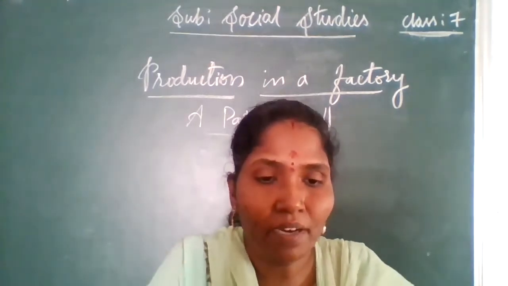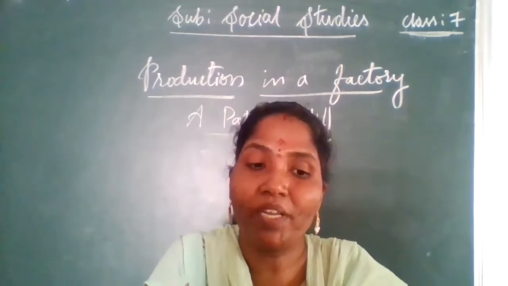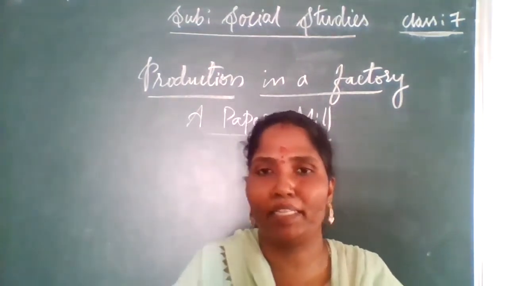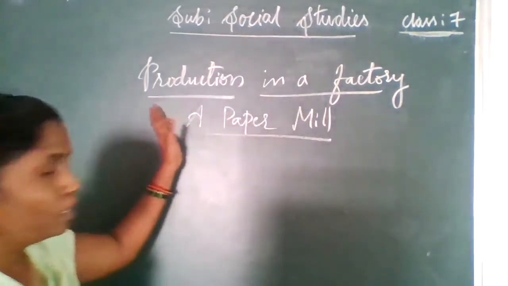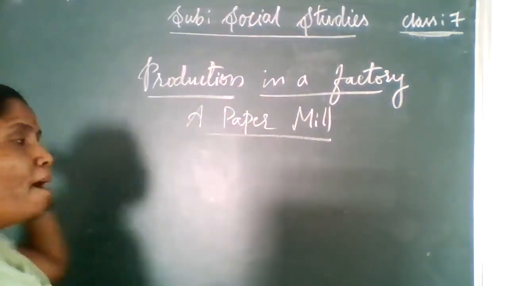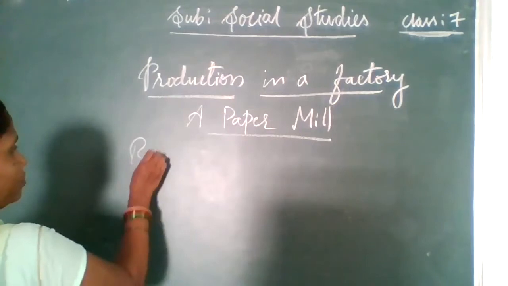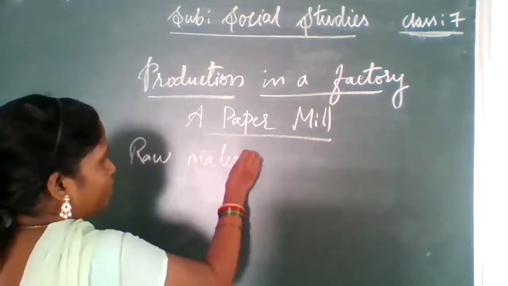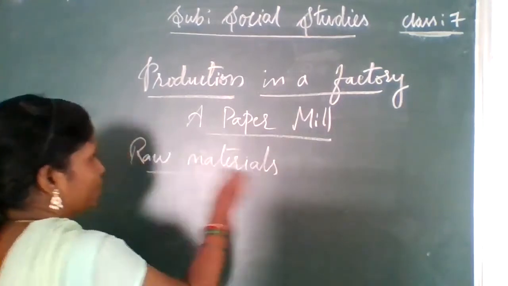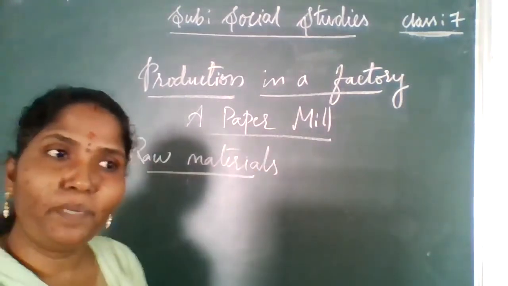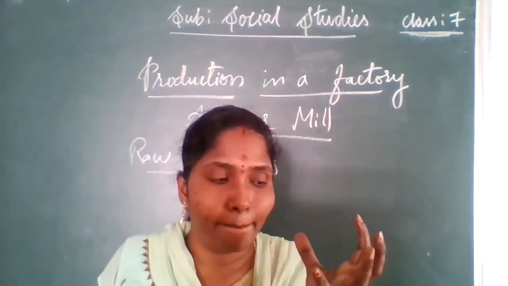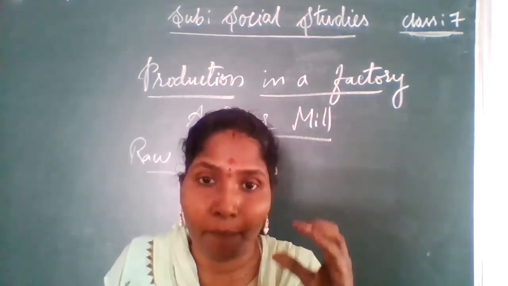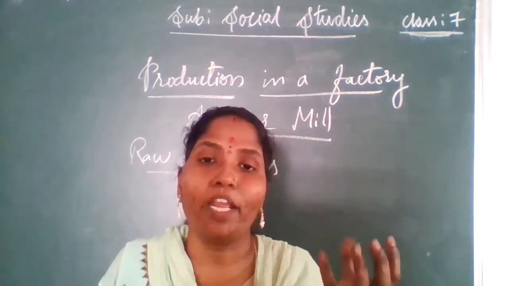Whatever materials we require in order to produce a commodity are known as the raw materials. Raw materials means the materials required in order to prepare a good or a commodity.